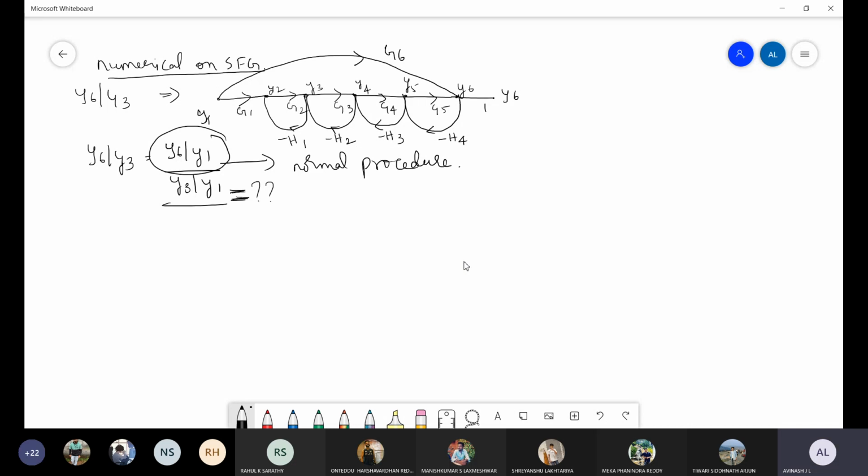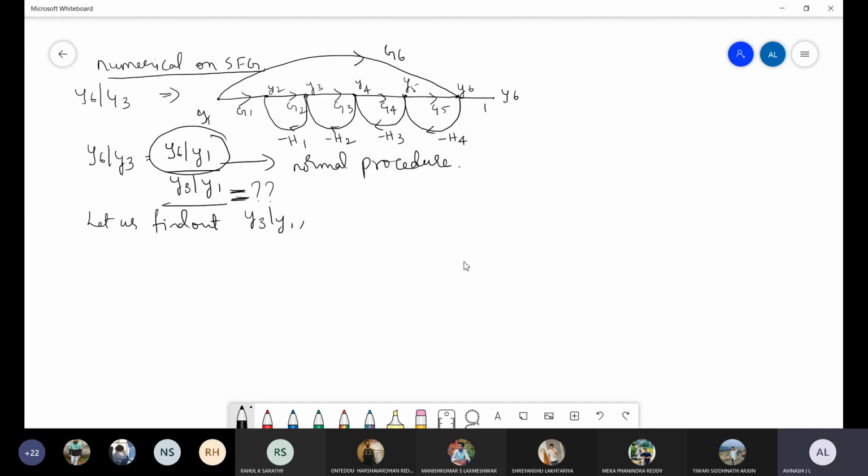How to find this particular y3 by y1? Let us find out y3 by y1.